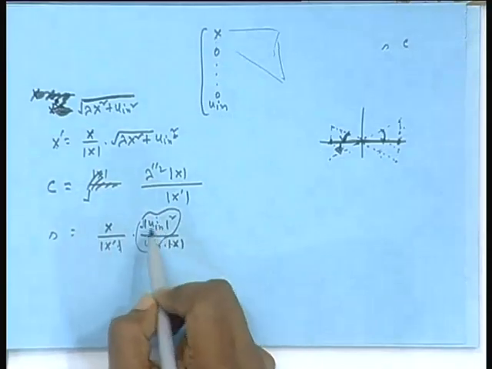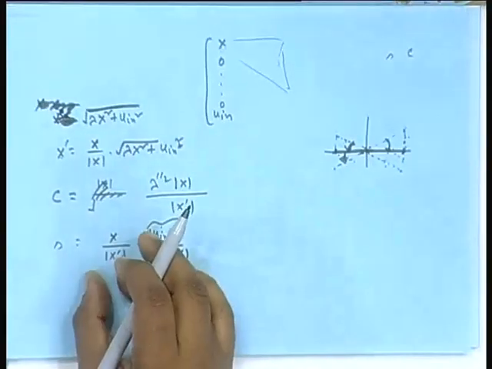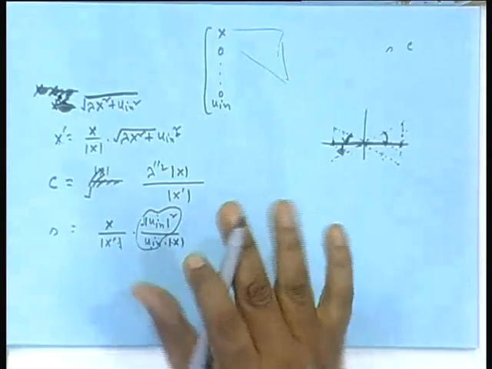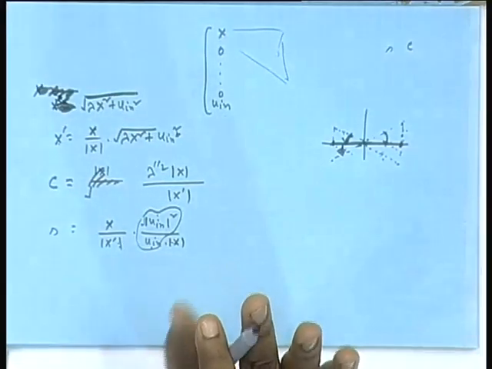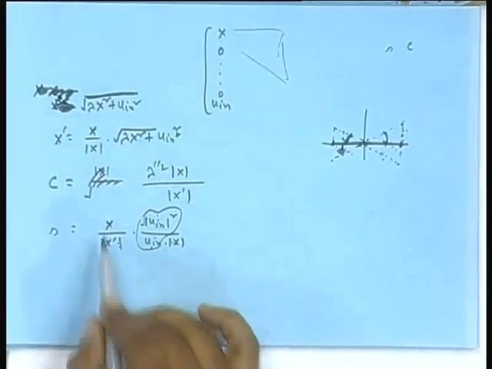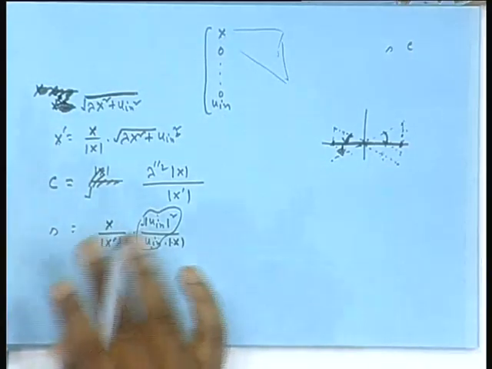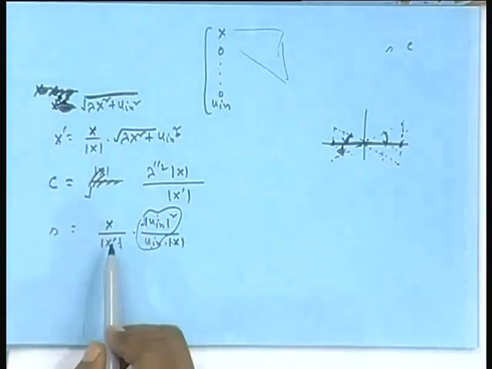And this ratio, mod u in, forget about all sign, mod u in by hypotenuse, that will give the magnitude of the sine. And now you check, you will get that when both are positive or both negative, a sign function kind of thing will come up, isn't it?